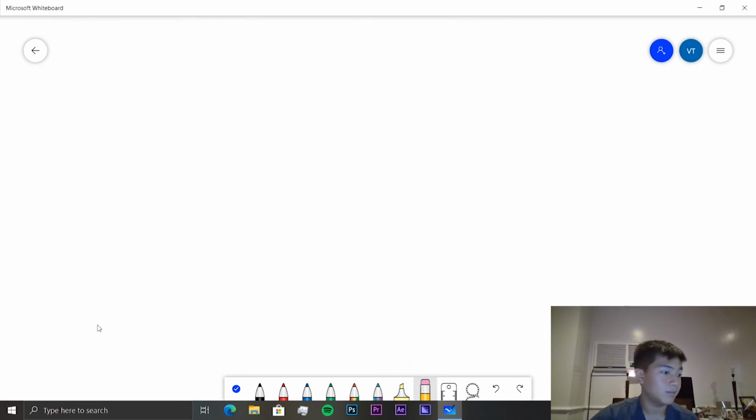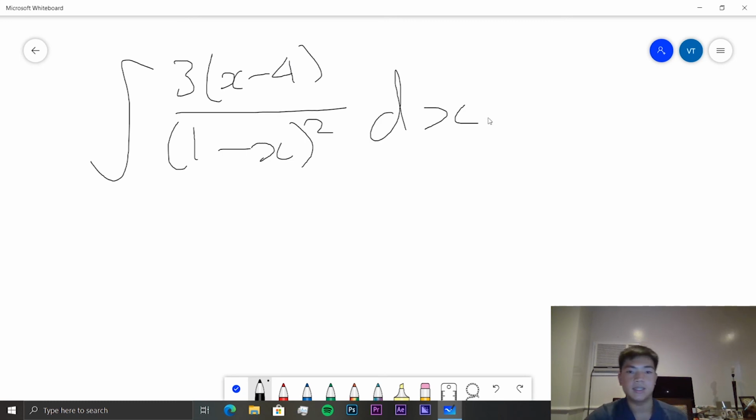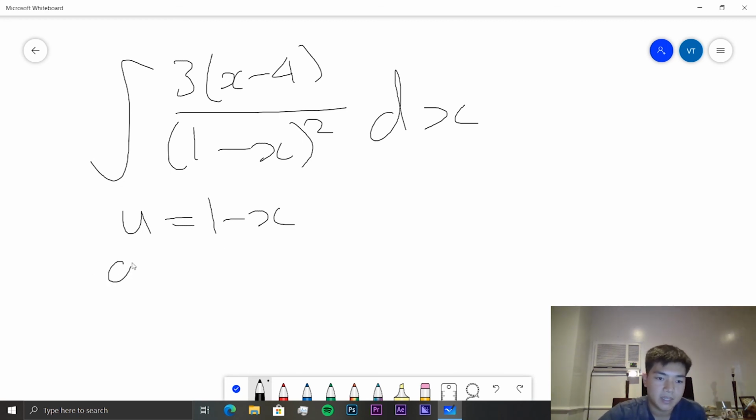And then I think it's our final one. So our final integral is 3 times (x minus 4) all over 1 minus x squared dx. What do we want to do here? I guess u is equal to 1 minus x. Du over dx is equal to negative 1.